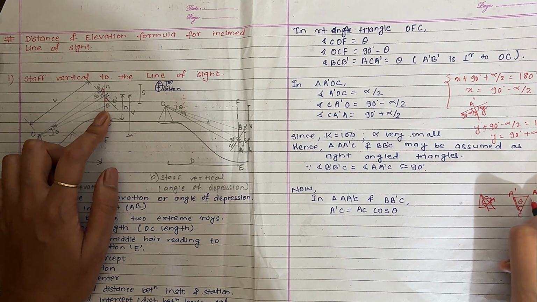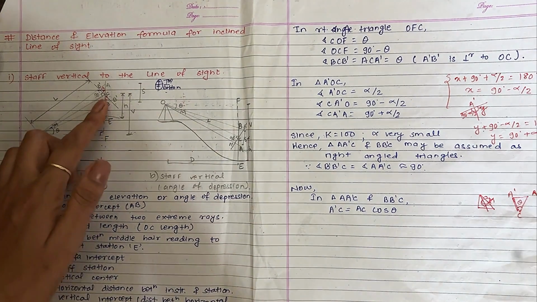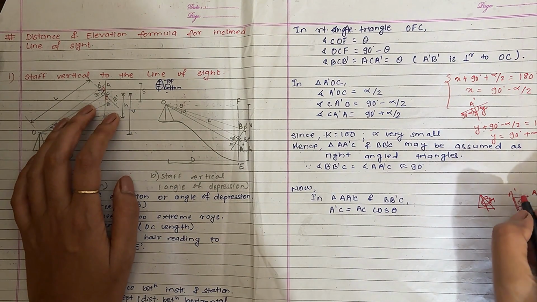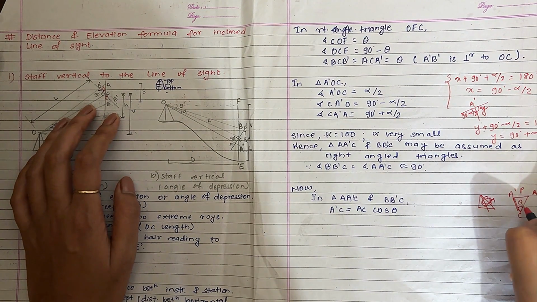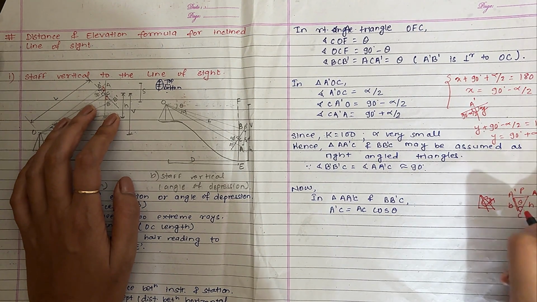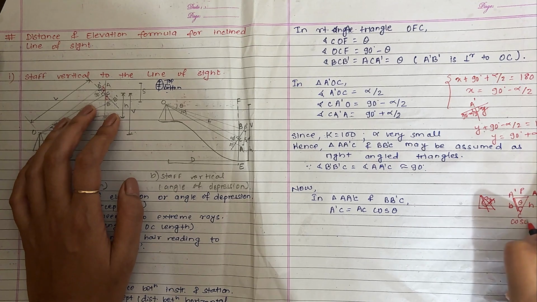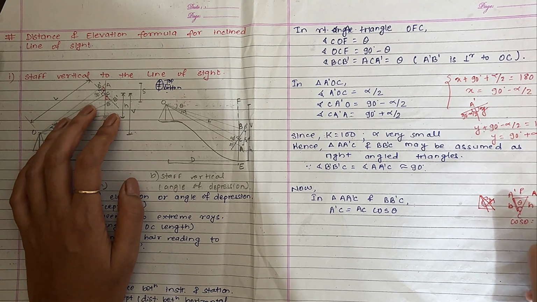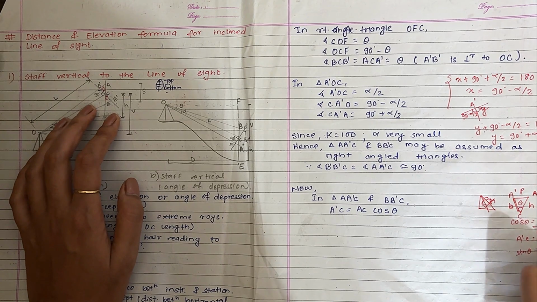The side opposite to the right angle is the longest side, assumed as the hypotenuse, and this must be the base. So for cos theta we have B by H, which is A dash C by AC. So A dash C is equal to AC cos theta, and for sin theta we have the formula P by H.